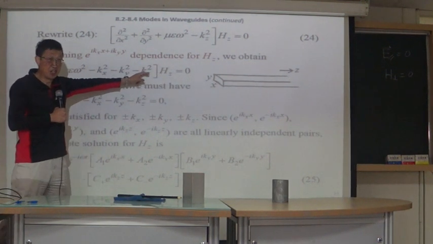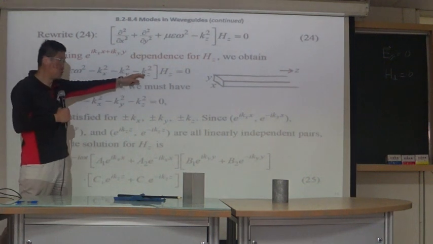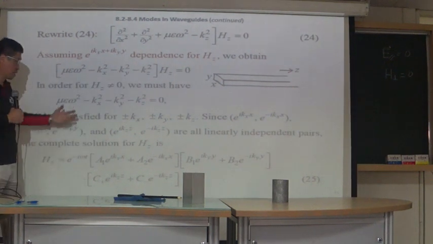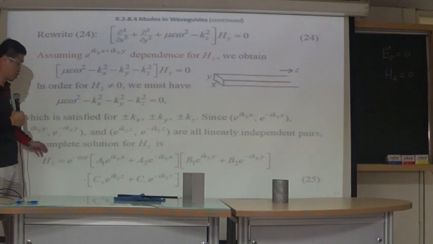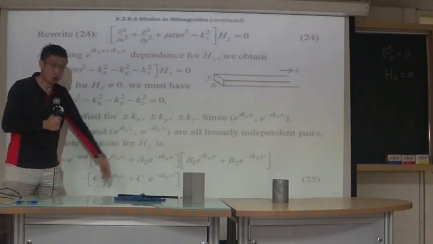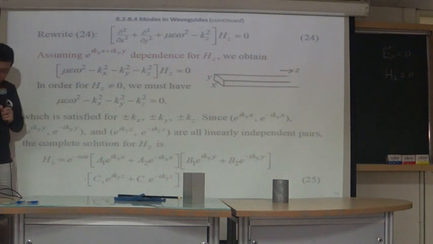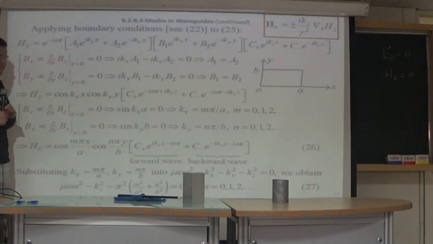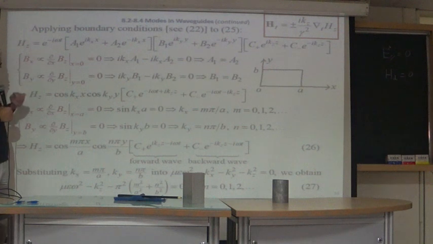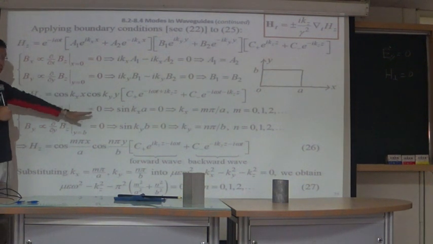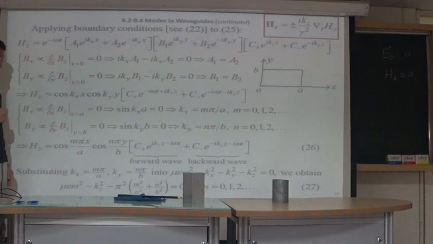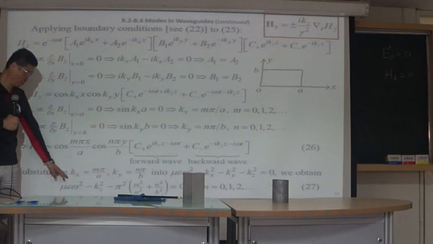So obviously, the coefficient should be 0. Okay, that's the coefficient. And then you can use the general solution. From the general solution, the next step is to use the boundary conditions, and you can determine all the coefficients. Okay.